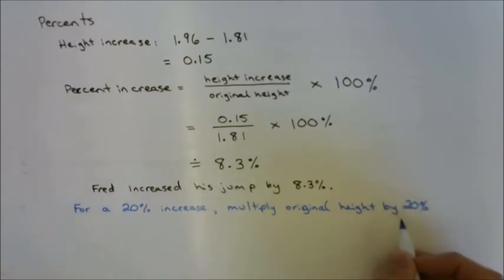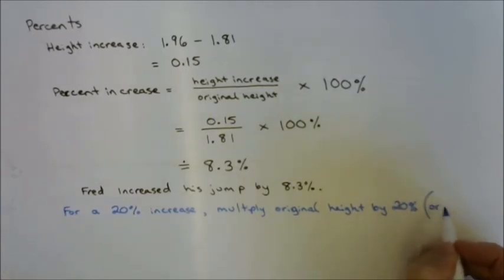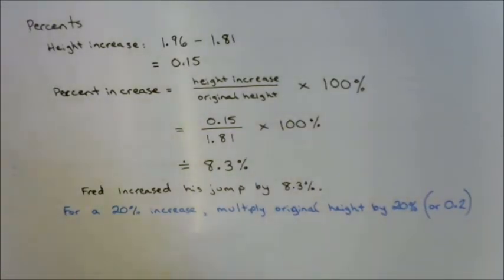What does that look like in my calculator if I'm doing that by 20%? 0.2. Or can't you do 1.2, then you don't even have to add it on? Yep. And add to original height.